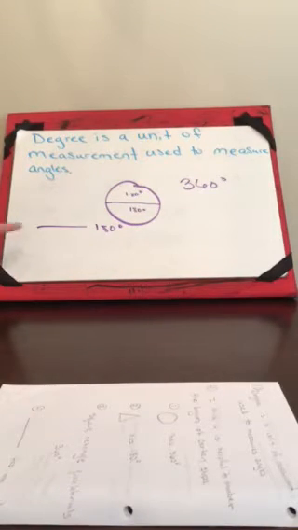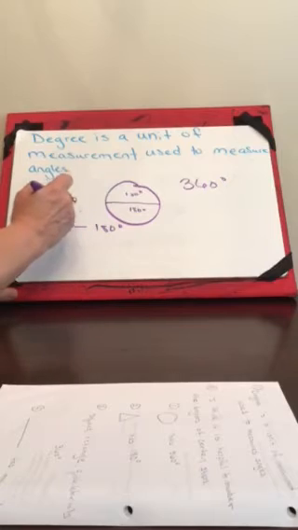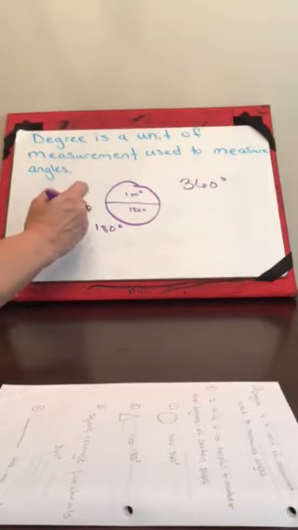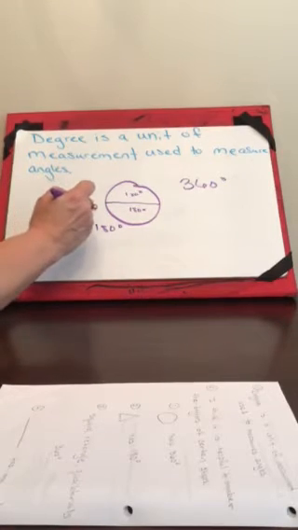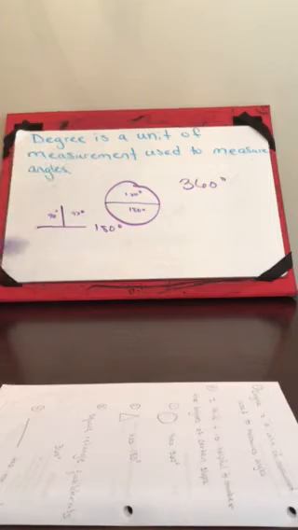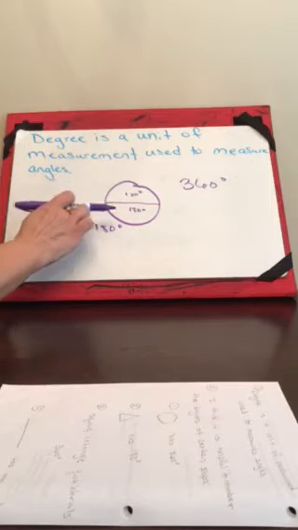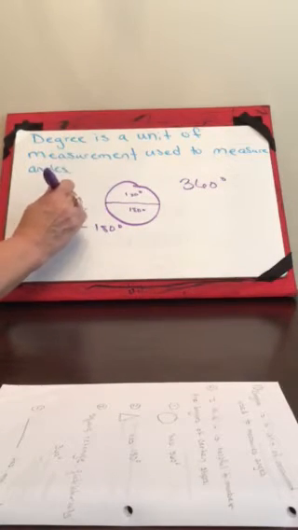So from my straight line, for example, if I drew an angle here, the right angle, I know that there's 90 degrees on this side and 90 degrees on this side. Now I use a little zero above there to show my degrees. And half of 90 is 45.